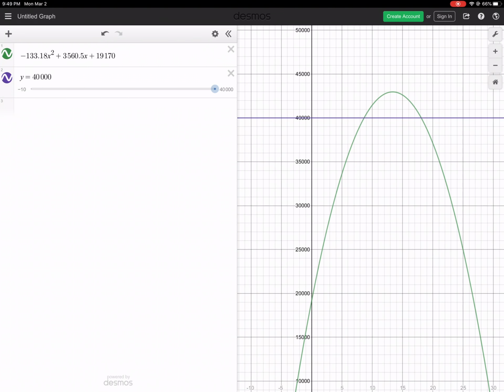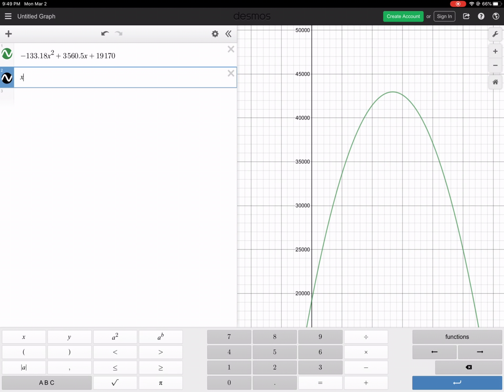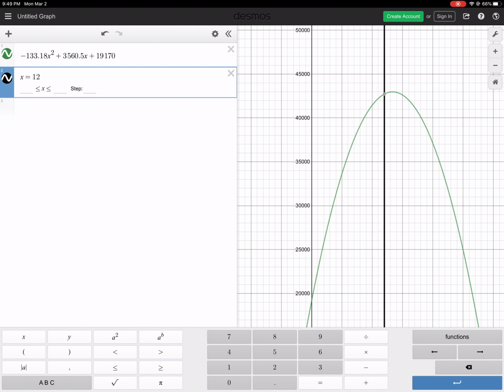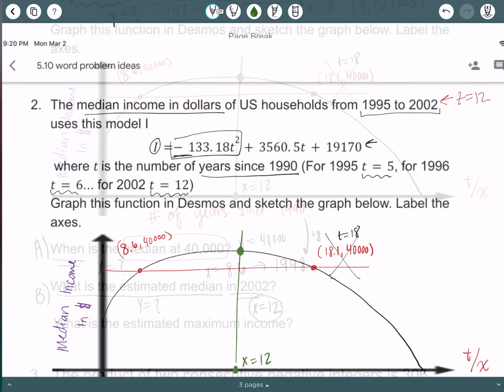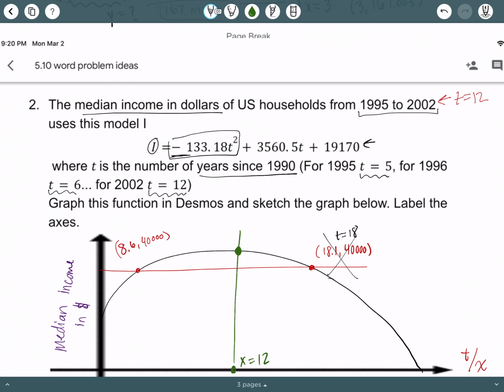So let's go back over there and do that. So I don't need this y equals anymore. I can change it out to write x equals 12. And you can immediately see mine's going to be a black line, and they intersect at 42,718.08.